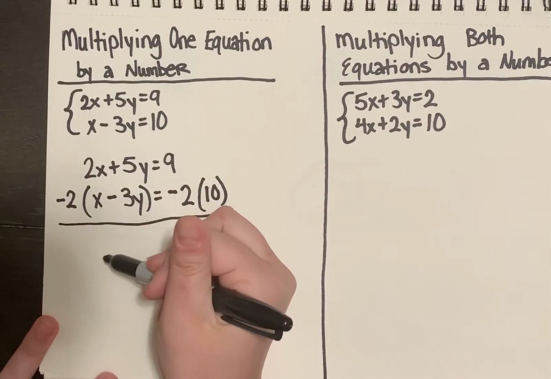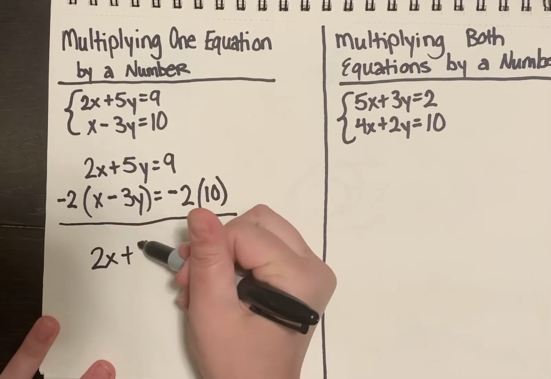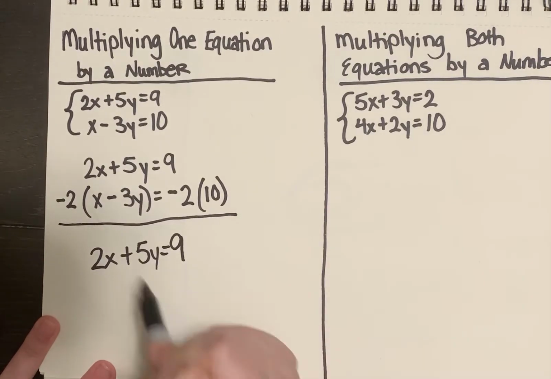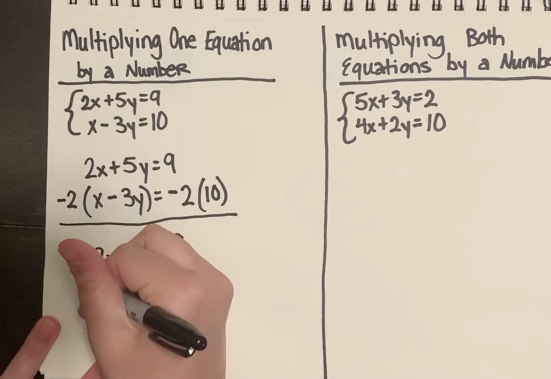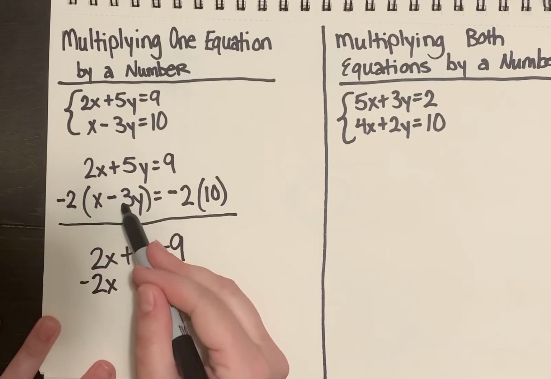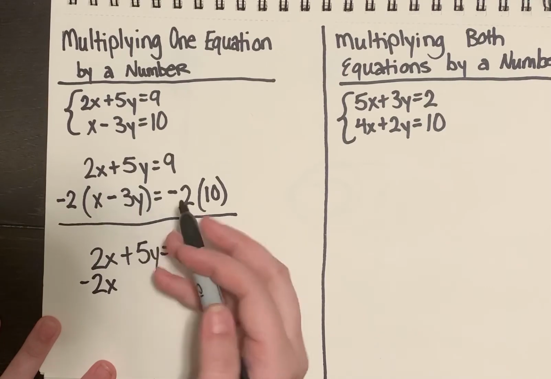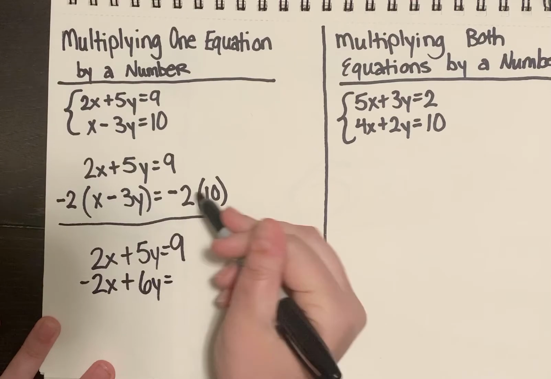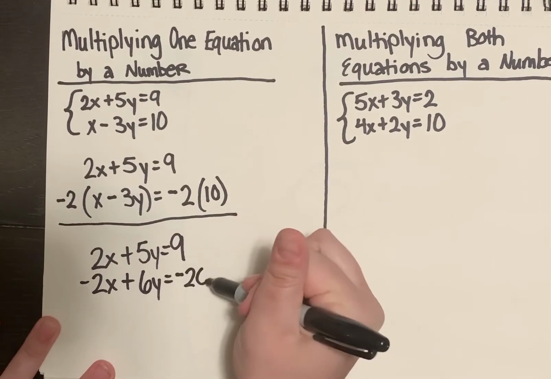Then when I use my distributive property, I have negative 2x, and negative 2 times minus 3y gives positive 6y. Here I get negative 2 times 10, which is negative 20.